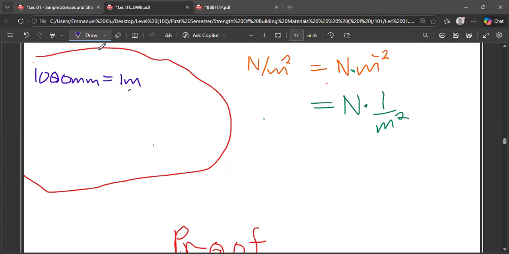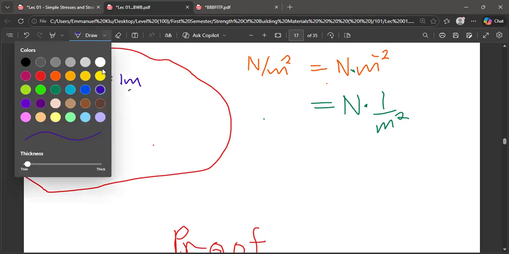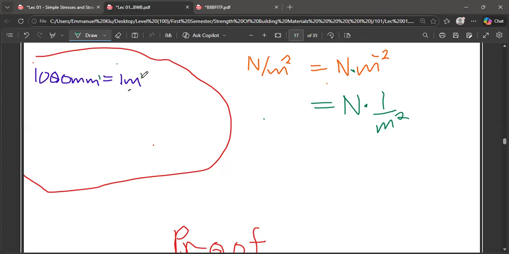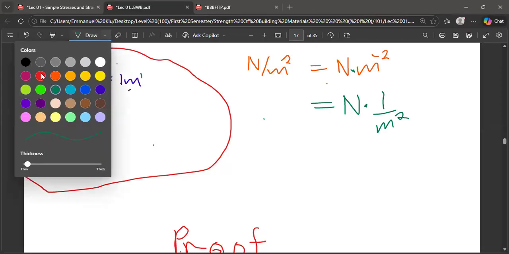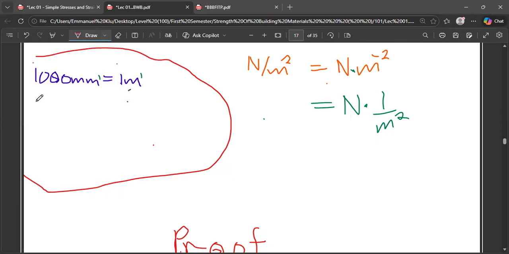For this one, all of this is exponent 1. Please don't get confused. So what of the case in exponent 2? If this is meter squared, then at the end of the day, you are just going to square whatever is in this. You just put the whole of this into brackets.